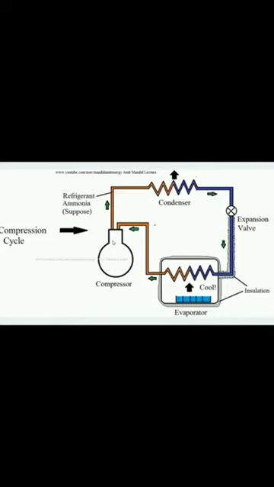After coming out from the evaporator, that low pressure vapor ammonia goes through the compressor, where its pressure is increased. So this is a simple vapor refrigeration cycle, where the evaporator is used for absorbing heat and the condenser for rejecting heat.